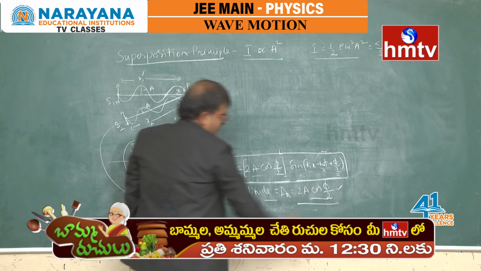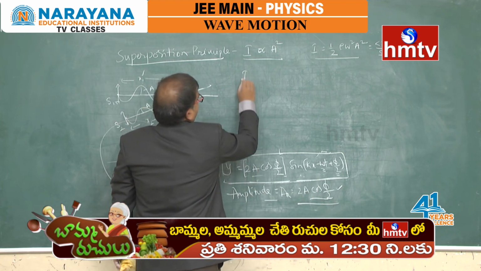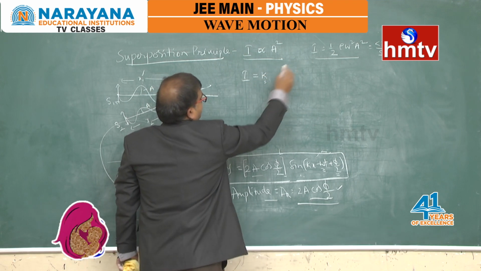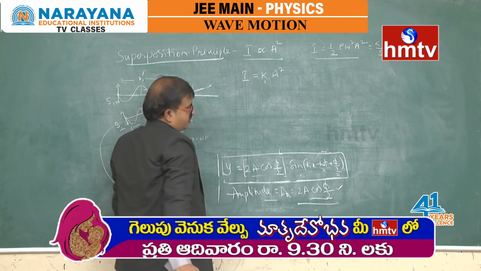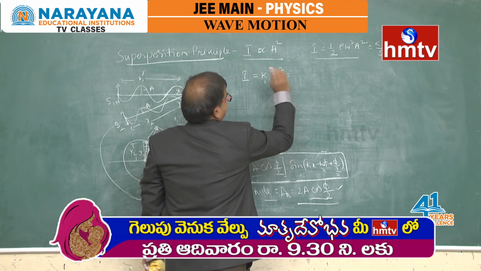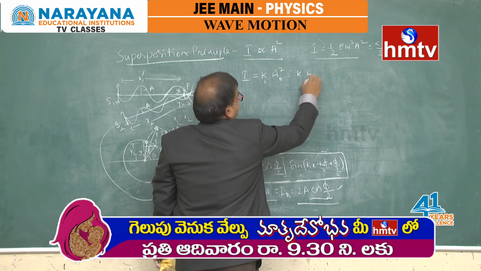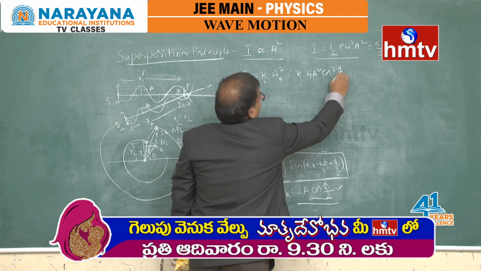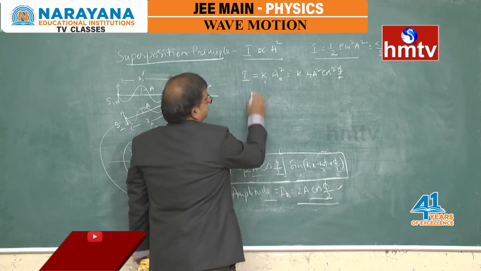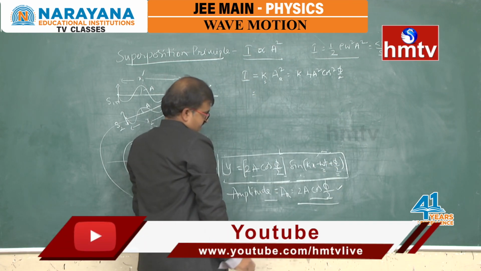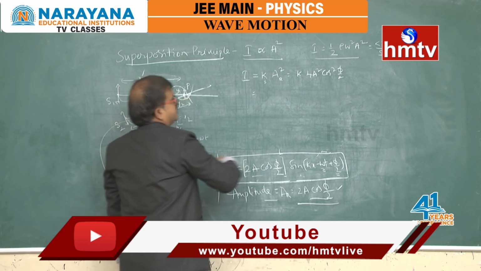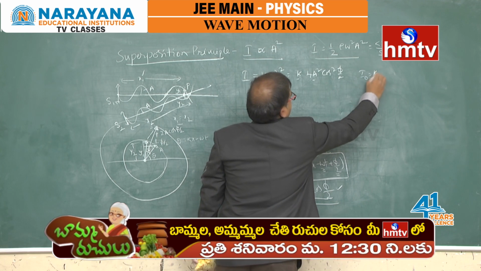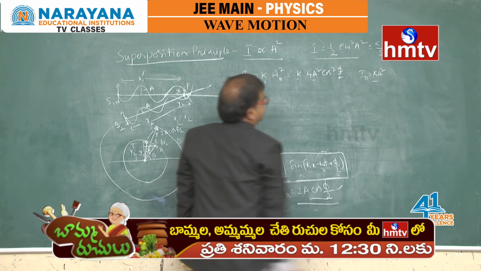Here we got 2a cos phi by 2. So I is equal to some constant k times the amplitude square, which in this case is k into 4a square cos square phi by 2. Before superposition, the intensity I naught can be taken as k a square.